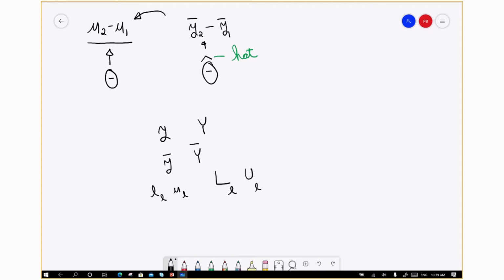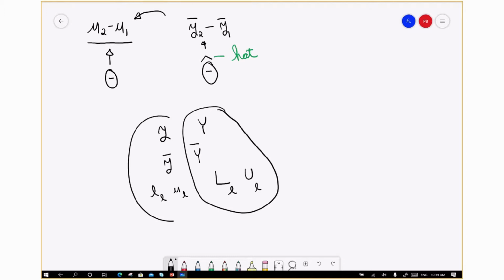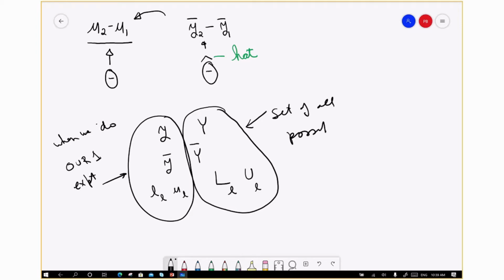So we make this big distinction between what we get when we do our one experiment, and the set of all possible outcomes, which we consider to be our random variable.